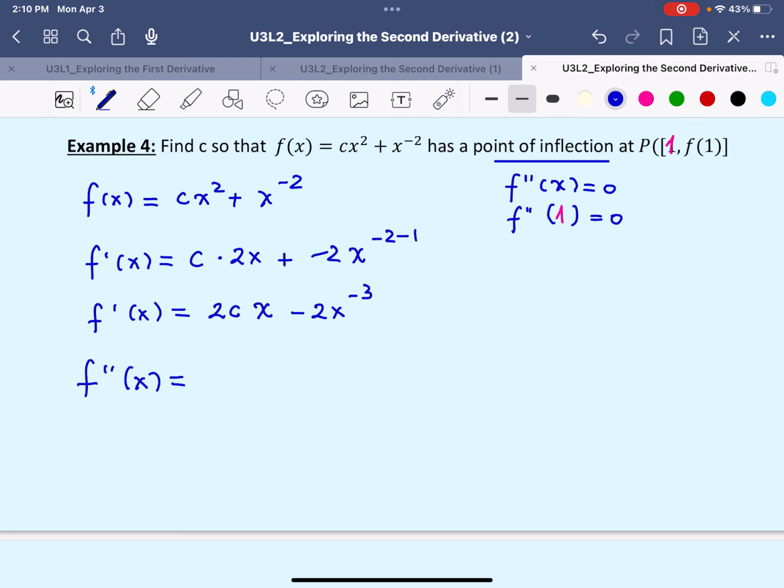f double prime of x would be equal to, so remember that now x is to the power of 1, 2c is the coefficient, which means that the derivative of 2cx will be simply the coefficient 2c.